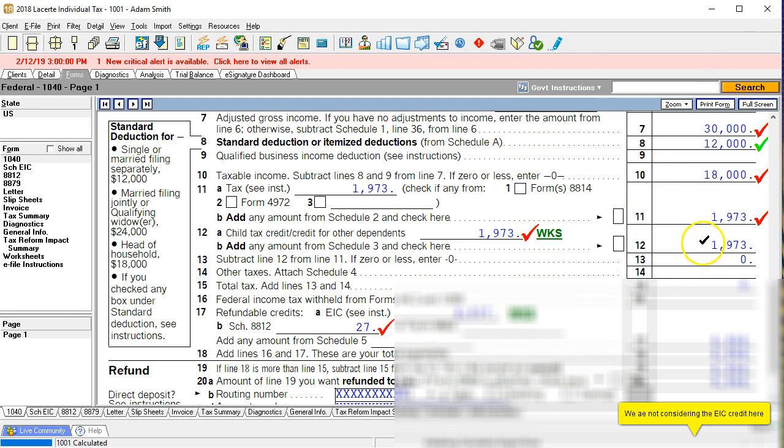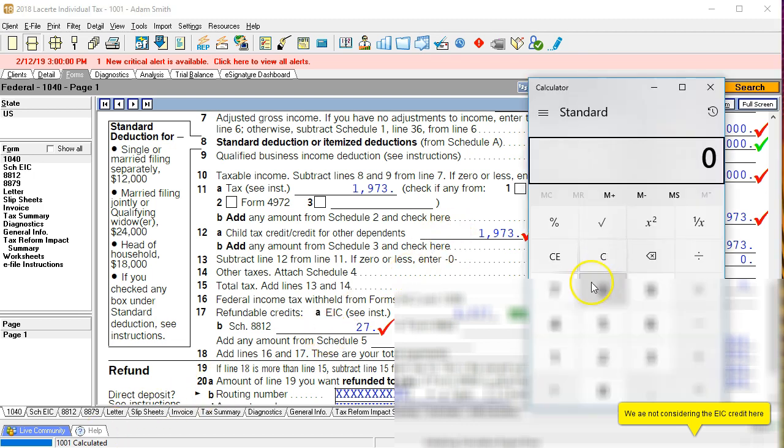So now you'll note that this piece and this piece are related. The 1,973 is now tied together with this item. This is the additional child tax credit, which is dependent on the child tax credit calculation. So in other words, it should be $2,000 between the child tax credit and the additional child tax credit: the 1,973 plus the 27, and there's going to be our $2,000.